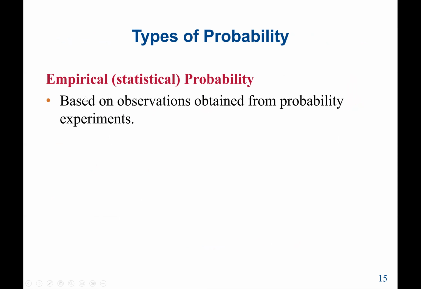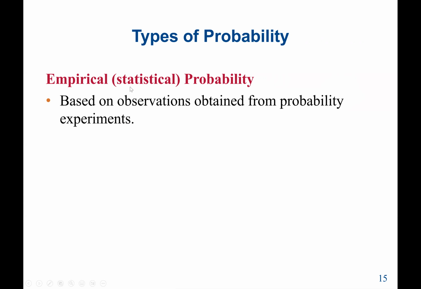Next, let's look at the empirical probability, which we also call the statistical probability. Now, this is based on observation obtained from probability experiments. So that's why it's called empirical. This means an event occurred before. Based on that result, we can predict what we are going to get now.